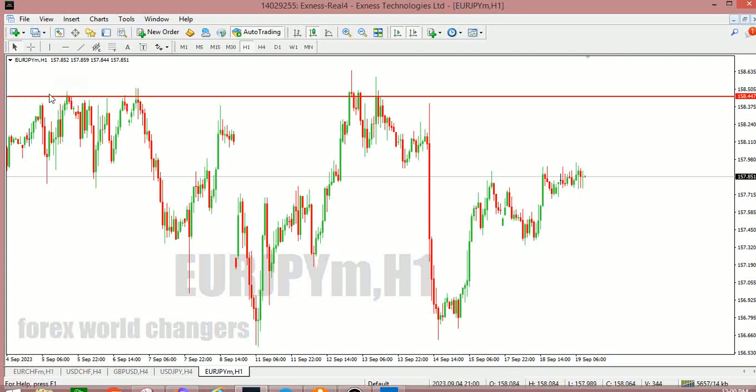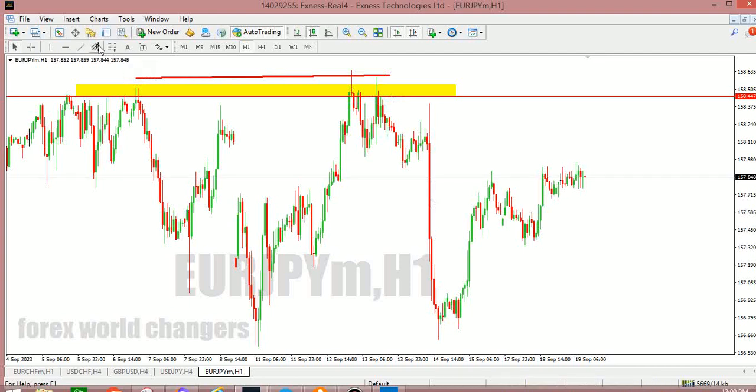The same appears here. There are a lot of spikes actually triggering all the stop losses just below the support zone. So there is a way you can see if they're going to hunt your stop loss and then go to the right position.